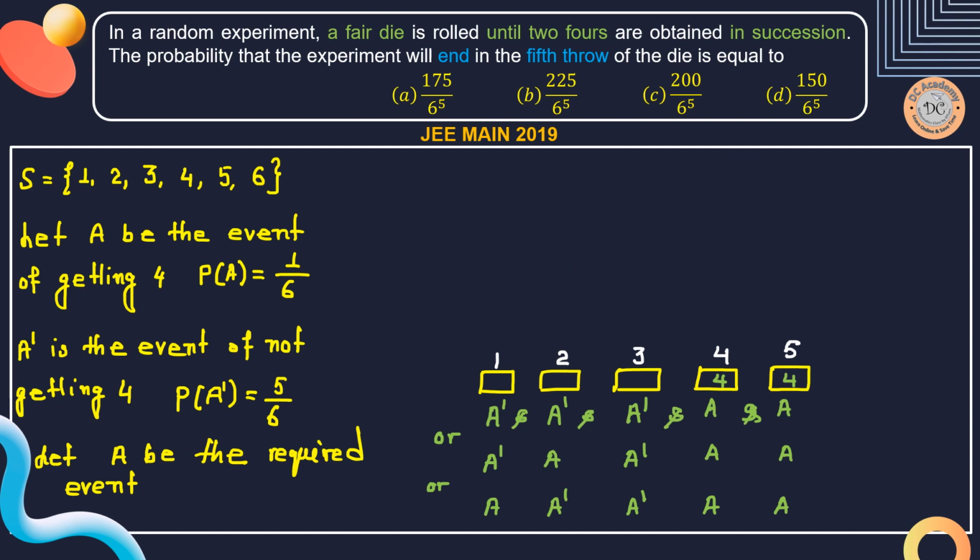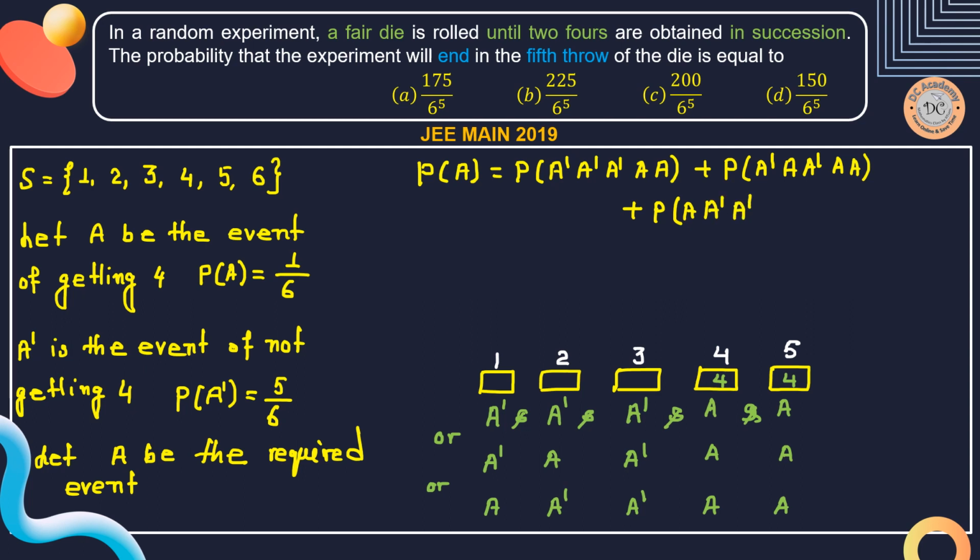So we can write that probability of A is equal to probability of A complement, A complement, A complement, and then A, A, plus probability of A complement, A, then A complement, and A, A, plus probability of A, A complement, A complement, then A, A. That's it. So this is the required event.